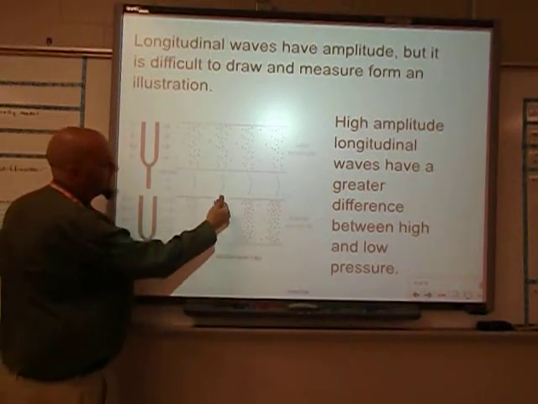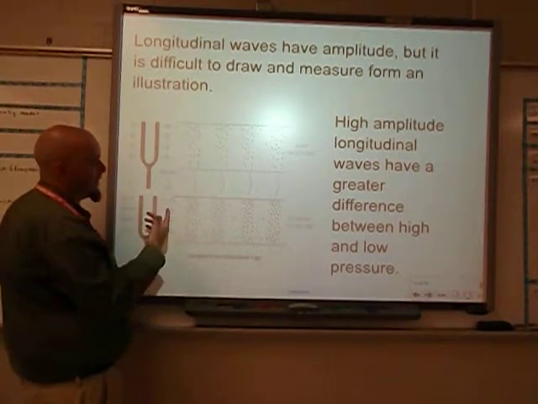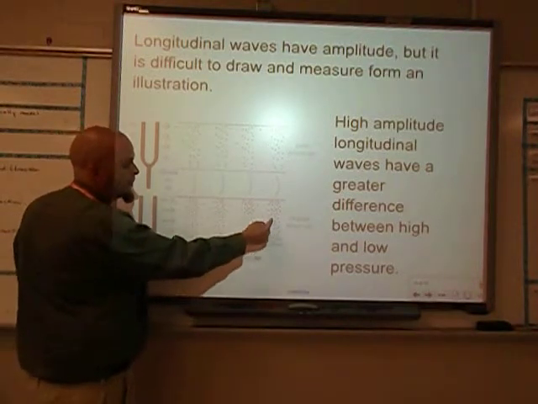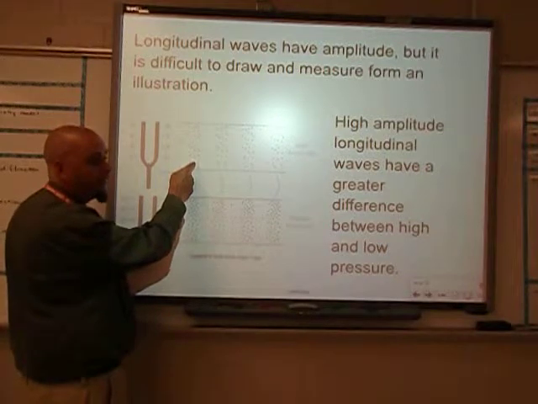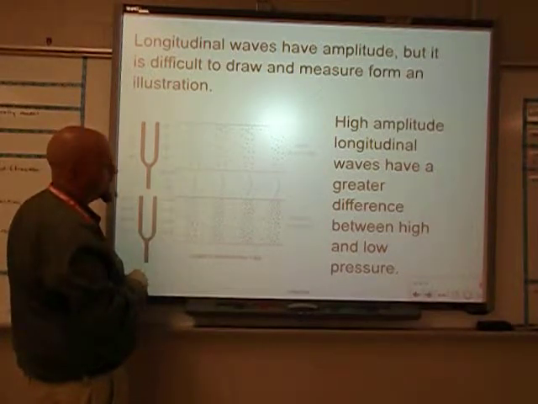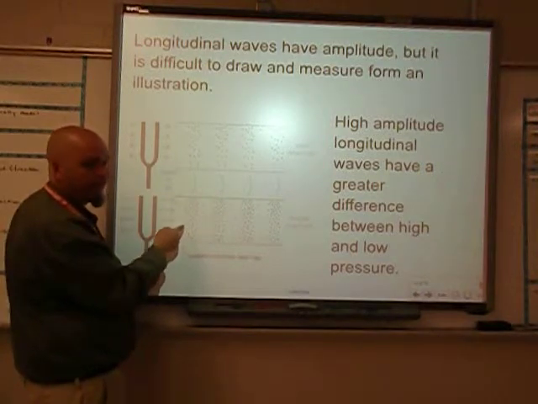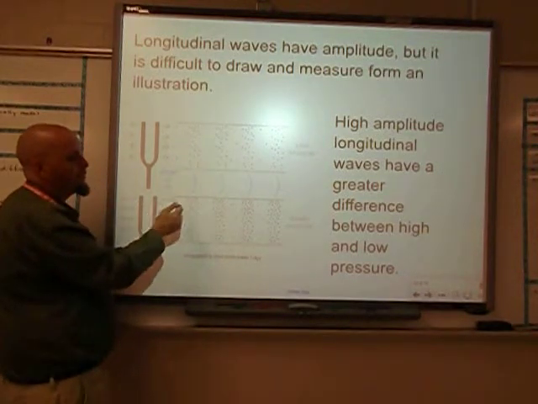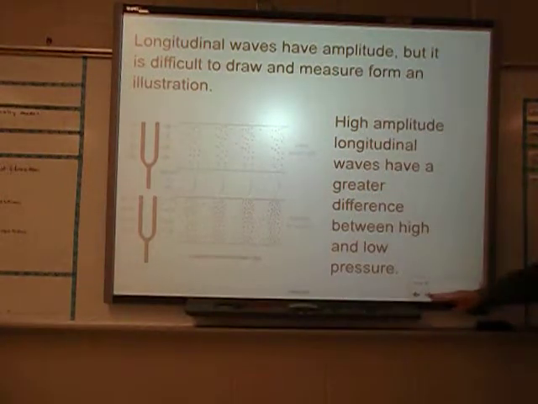This one represents a higher amplitude than the first wave, and it does that by showing us more particles in those compressions. In other words, it's saying we've raised the pressure here, but we haven't raised it that much. Here it's saying we've raised the pressure and we've raised it a lot more. So that's low amplitude, that's high amplitude, illustrated in a longitudinal wave.